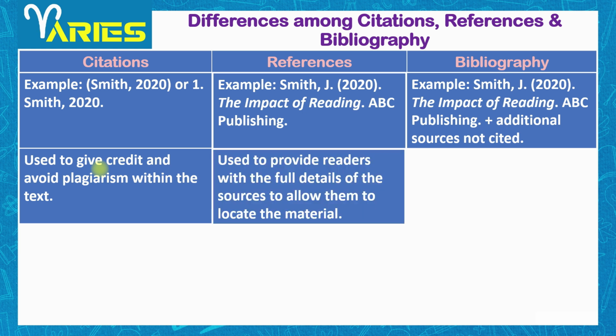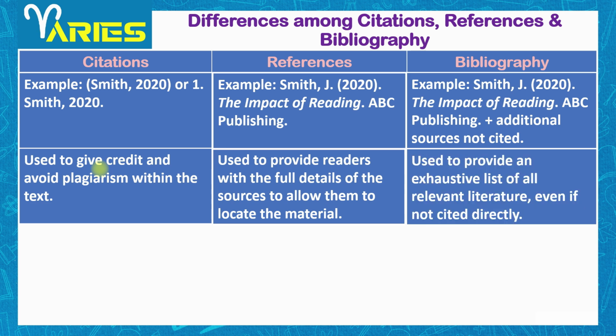Besides, references are used to provide readers with the full details of the sources to allow them to locate the material. Now, if a particular researcher or a reader wants to know the full text, then the full detail about that particular source can be found in the reference.